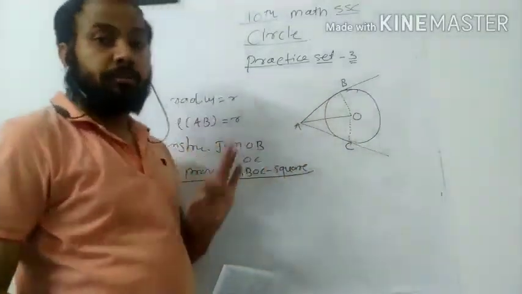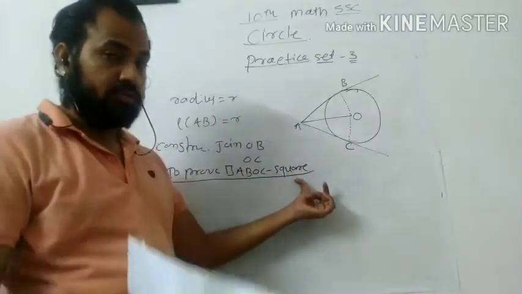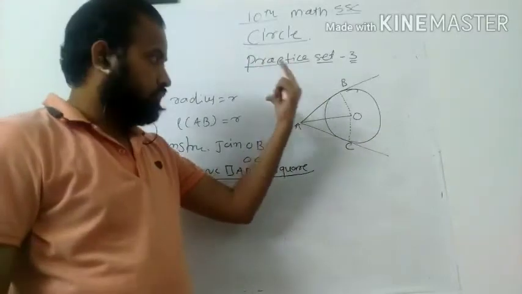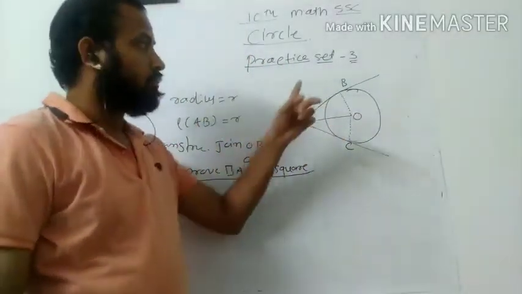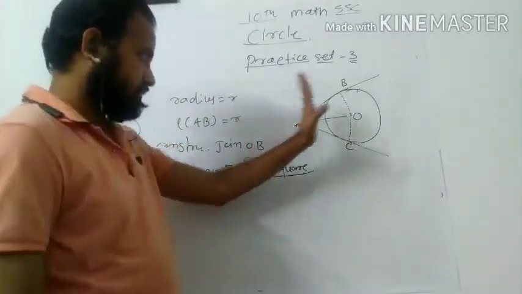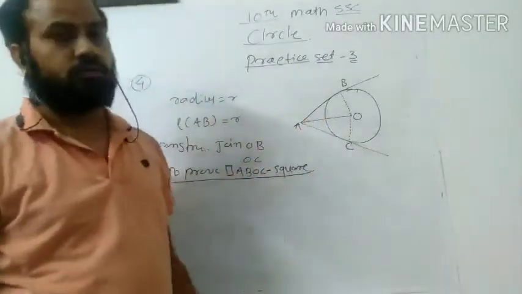No, it may be a rhombus, isn't it? So in order to prove this quadrilateral is a square, we have to show that the four sides are equal, as well as the four angles are 90 degree angles. First we will prove that the four sides are equal, then we will see how these angles are equal.